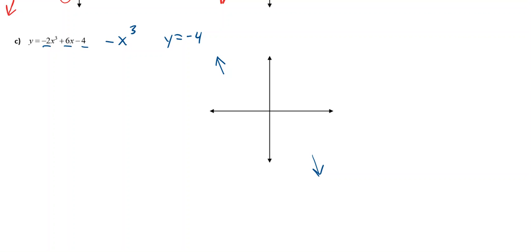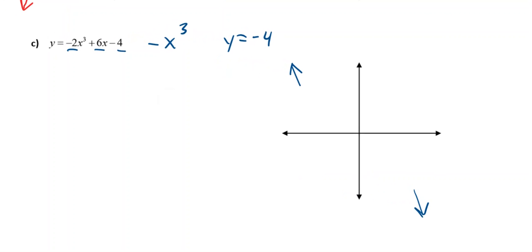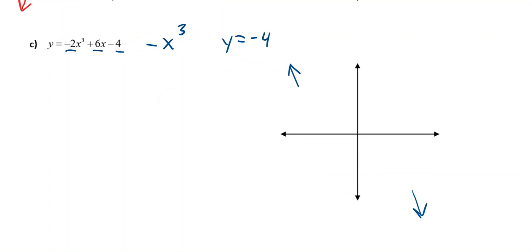2, 6, and 4. Those are all even numbers. So what I'm going to do first, let's factor out a negative 2. Just make life a little easier on us. So negative 2, here y is equal to negative 2 times x cubed minus 3x plus 2.